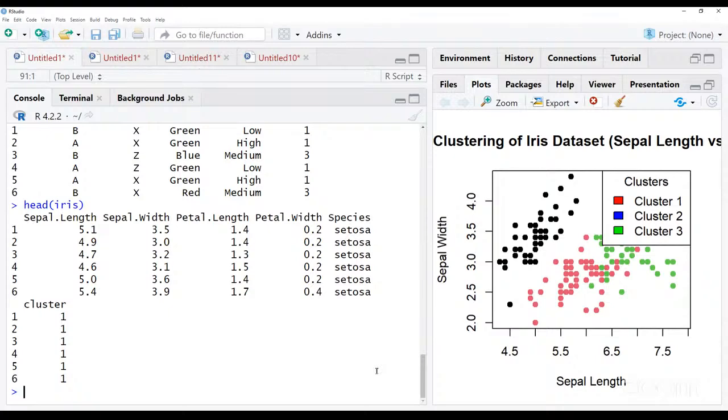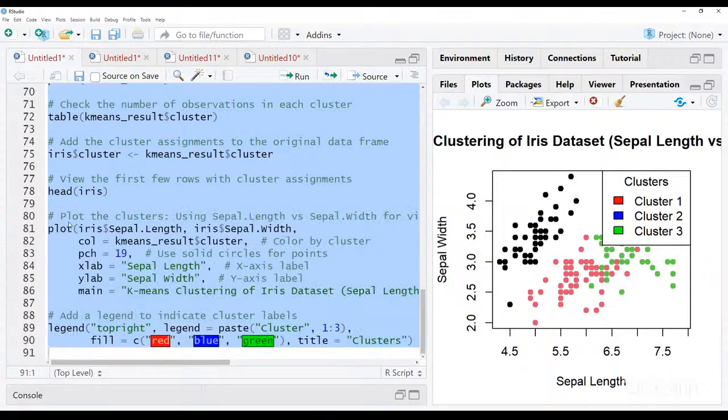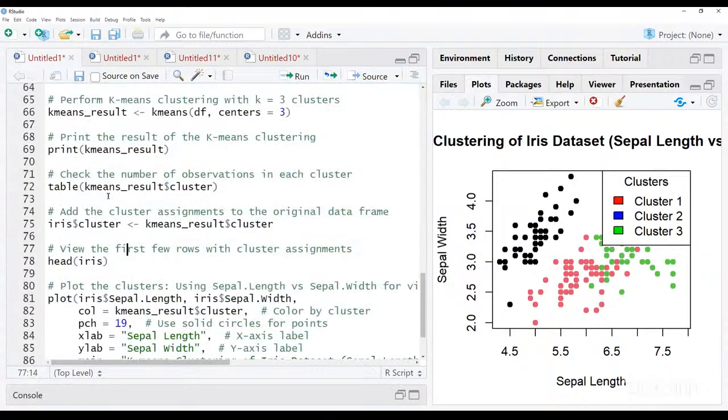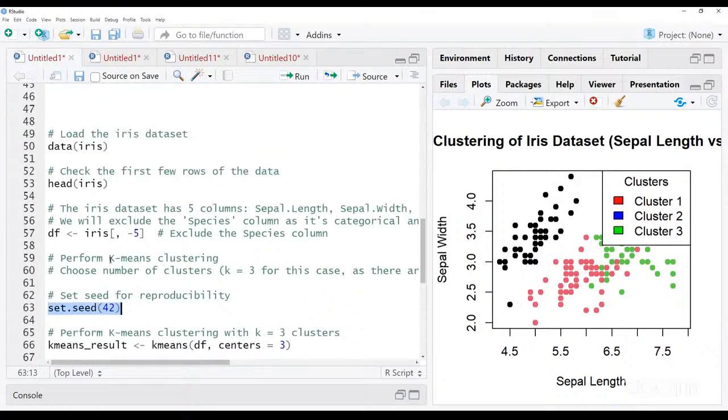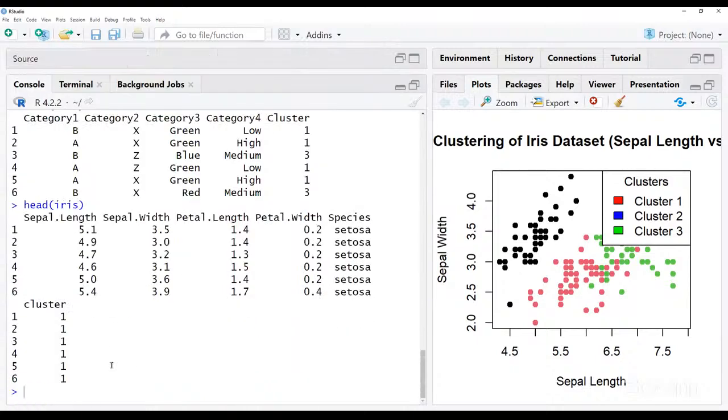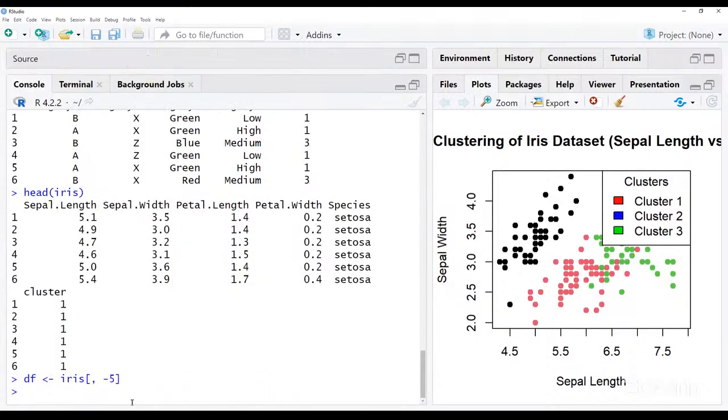Now what is the next command after the data? Head iris. After that, df, iris, comma, -5. Now you write down head bracket df.